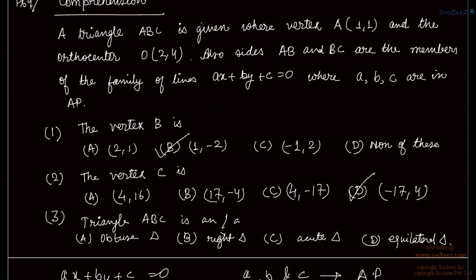So for a triangle to be acute, orthocenter must lie inside the triangle, right, ABC. And if it is obtuse, then orthocenter lies outside the triangle. Okay. So first we have to check whether this point O 2, 4 lies within the triangle ABC or not.